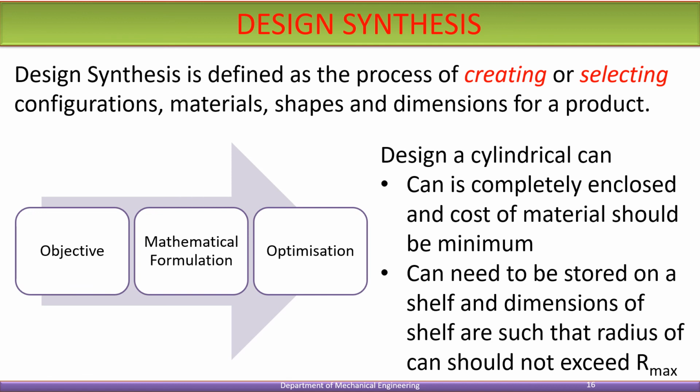To find the optimum radius, we will formulate a mathematical relation connecting the area, and we will optimize the radius by differentiating the area. We will conclude with a final radius value.